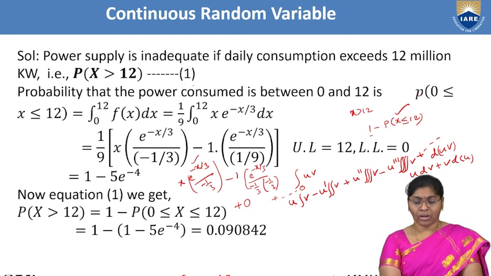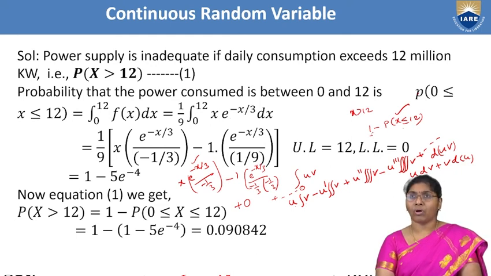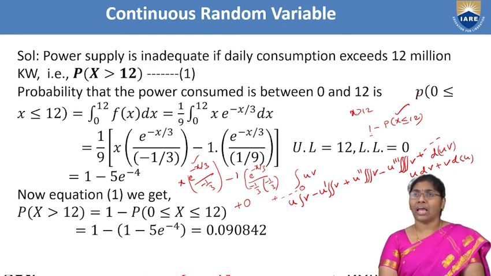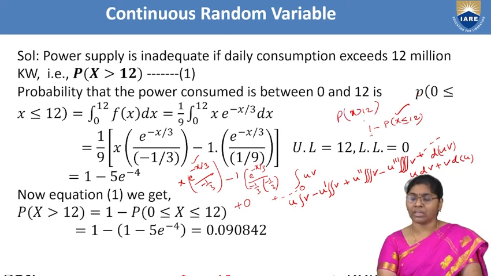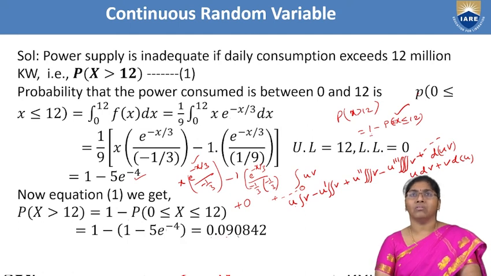We want P of x greater than 12, so we use 1 minus P of 0 less than or equal to x less than or equal to 12, which gives 1 minus this value. We get 0.09 as the probability that the power supply is greater than 12 million kilowatts.